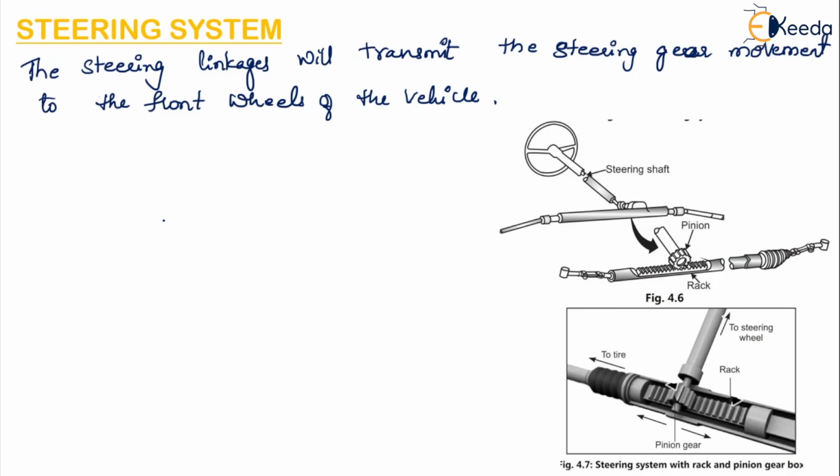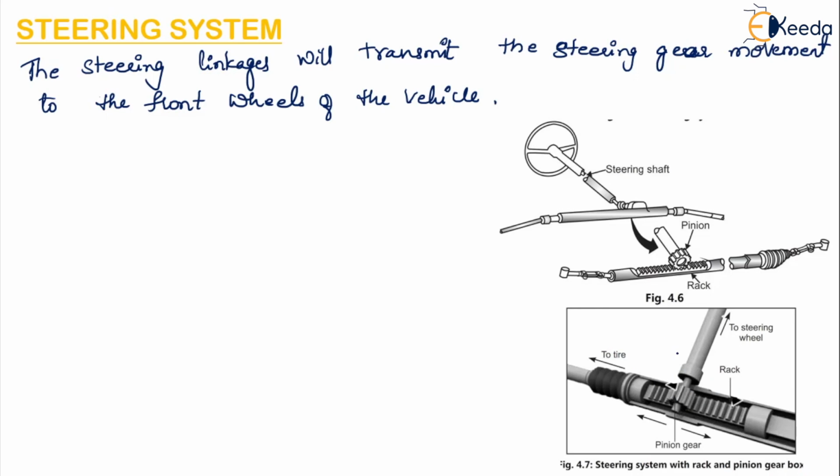So nowadays many new mechanisms are being used for steering systems. Presently, rack and pinion type and also recirculating ball type are used. Here a steering system with a rack and pinion gearbox is given.